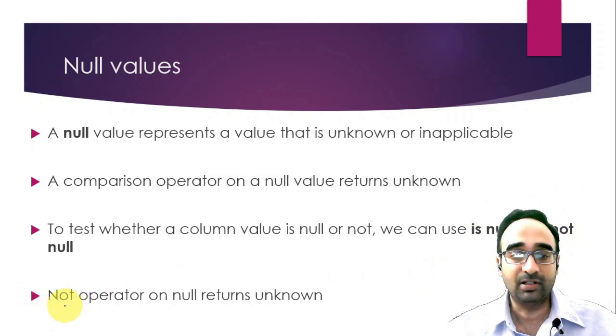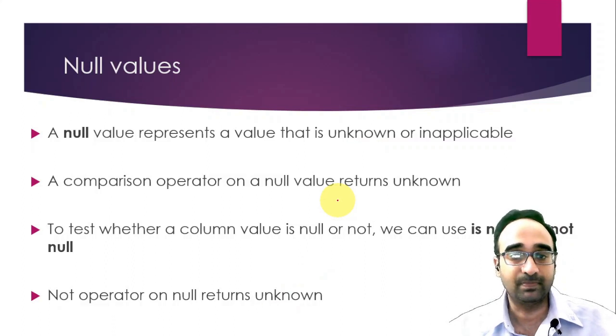And one more thing is the NOT operator. NOT on null again returns null. Unknown is also null, like I have written here: a null value represents unknown. So the NOT operator on null returns null.